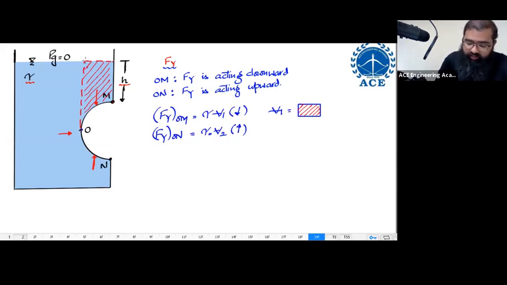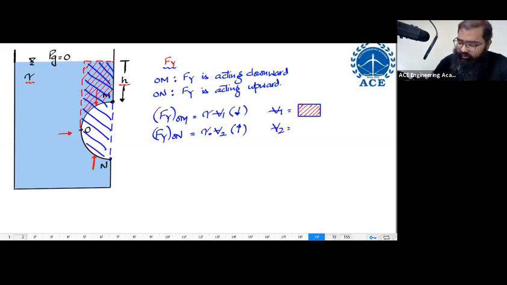So if I shade from the interface till the curved surface, I get the shading something like this. Volume V2 is going to be this kind of shading.